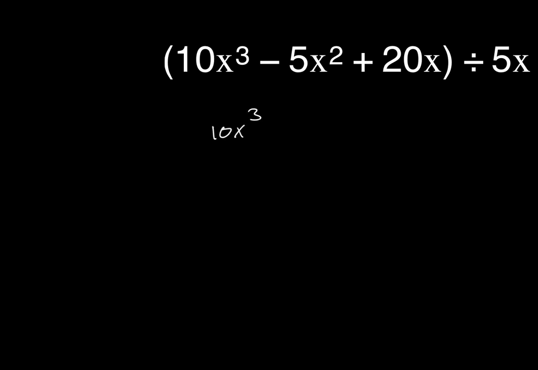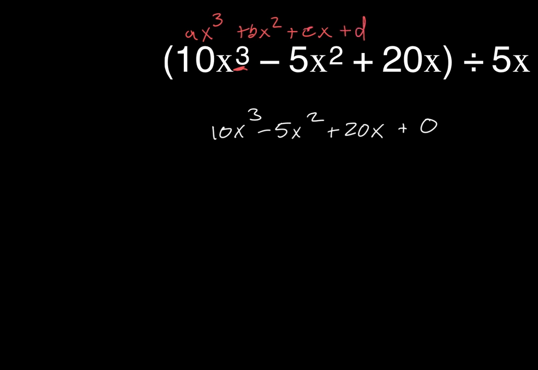10x cubed minus 5x squared plus 20x. And now here's where we're going to have several problems like this. Then I'm going to say plus 0. No matter what I'm going to do, I am always going to look at the highest power. In this case, it's ax cubed plus bx squared plus cx plus d, where the exponents are going down by 1 every time: 3, 2, 1, and then no exponents.